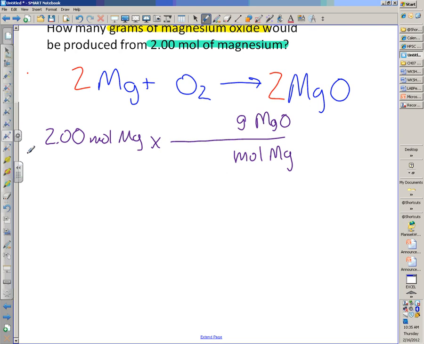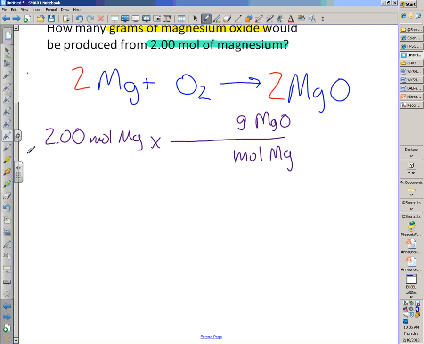What is the problem with this conversion factor as written? It's not moles to moles. It's mass to moles, but more importantly, it's the mass of this compound to the moles of this element. Is that going to work?